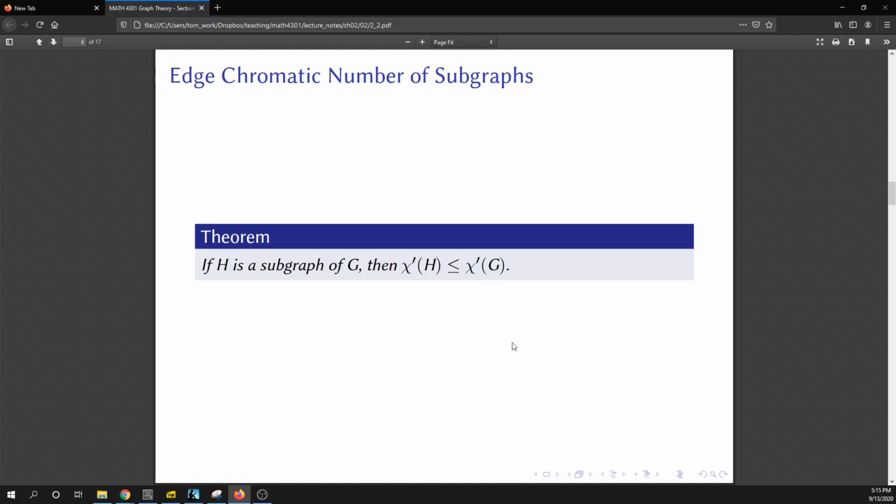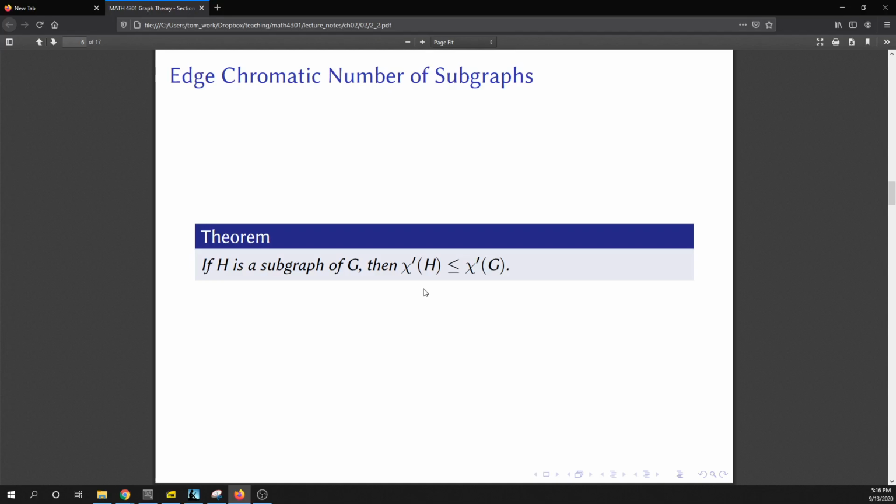an edge coloring of G with the minimum amount of colors, then that coloring is also a proper edge coloring. I should have said proper edge coloring of G with the smallest amount of colors. Then that is also a proper edge coloring of H with that number of colors.